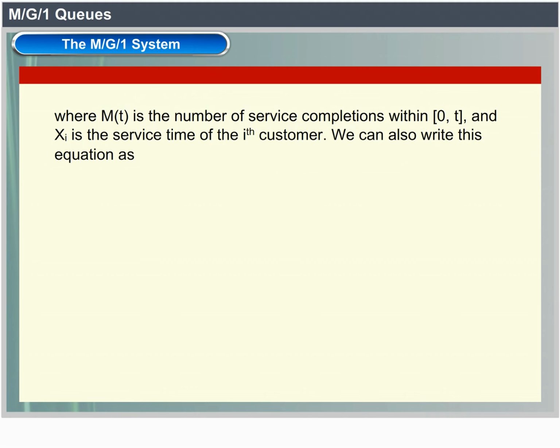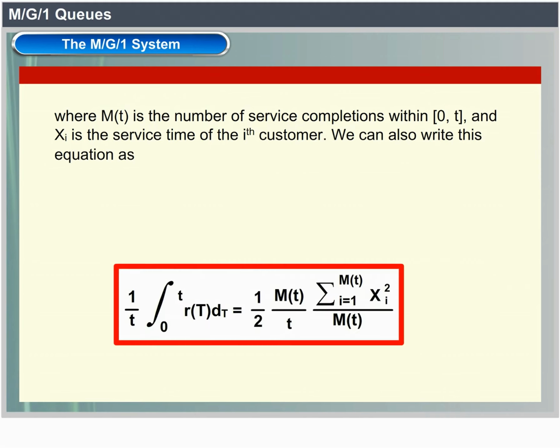We can also write this equation as 1 by t integral 0 to t R tau d tau is equal to 1 by 2 m of t by t times summation i equals 1 to m of t Xi square divided by m of t.